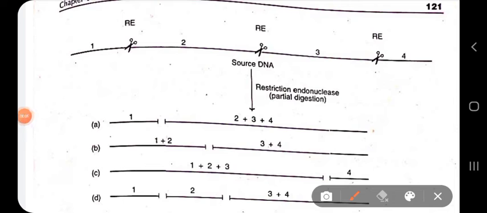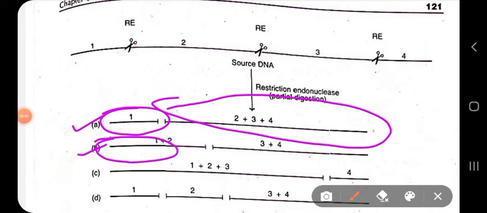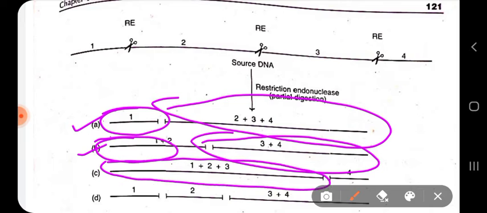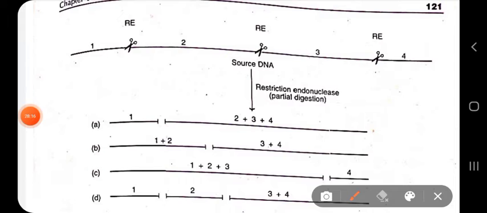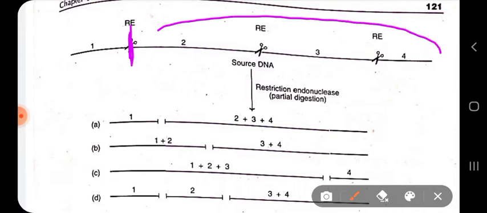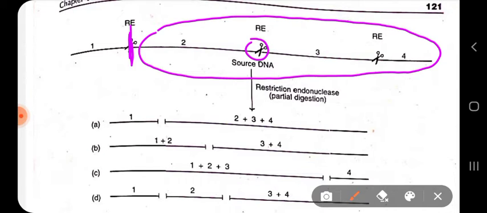Here we see different combinations of fragments, right? How is it possible? It is possible due to partial digestion. For example, the EcoR1 restriction endonuclease cleaves in this site, but we withdraw the enzyme so that these sites remain unaffected.